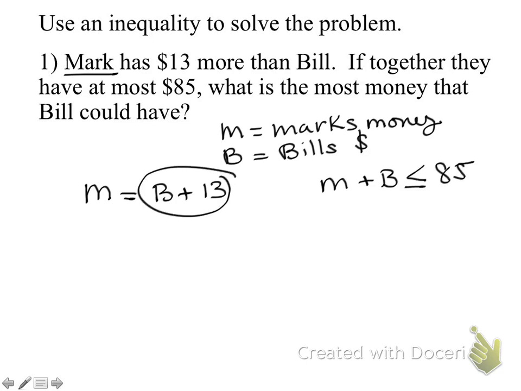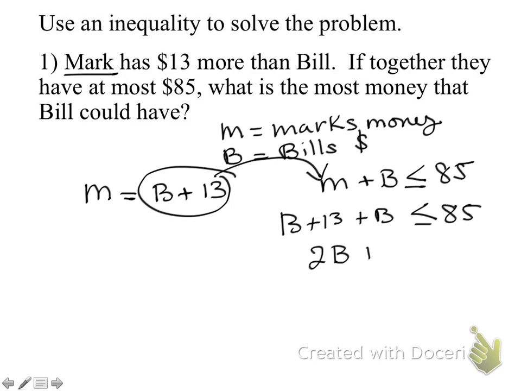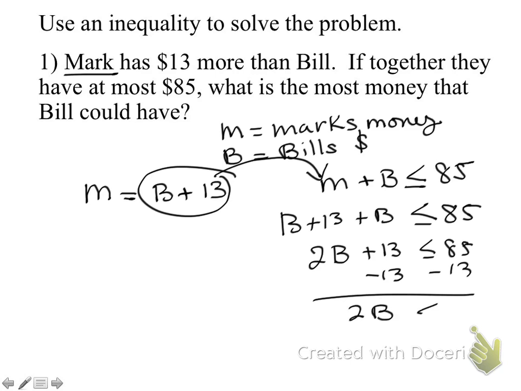And then we could just substitute, and we end up back at the same place. B plus 13 plus B is less than or equal to 85. 2B plus 13 is less than or equal to 85. Subtract the 13. 2B is less than or equal to 72. Divide by 2.